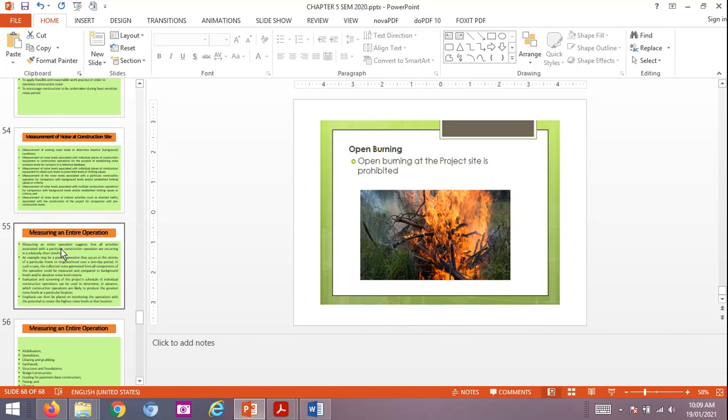What is the equipment suitable to remove particulate matter, sulfur dioxide, nitrogen dioxide, ozone and so on. For the noise, you know what are the sources of the noise, how you can measure the noise, what is the guideline, what is the baseline, and lastly how you can control or mitigate the noise pollution from the construction area.